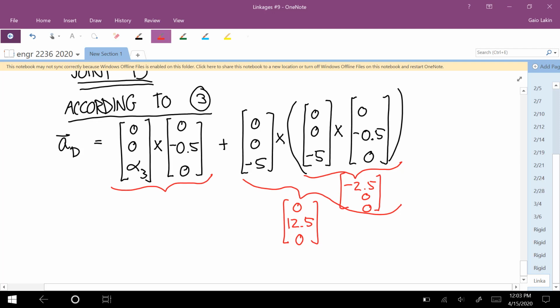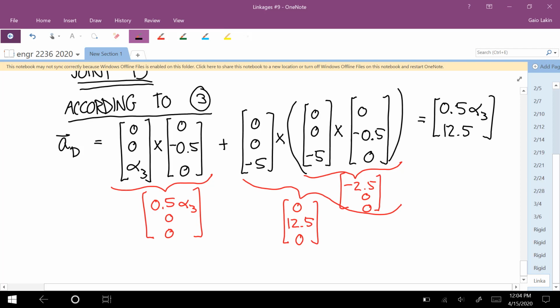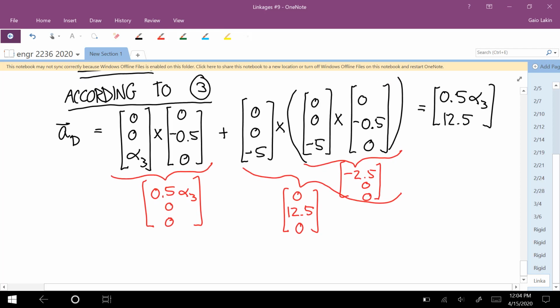Cross this one, and you get positive 0.5 alpha 3, 0, 0. So according to member 3, the acceleration of that point D is 0.5 alpha 3, 12.5. I'm just adding these together. I'll leave off the Z component. None of these are going to have any motion in Z. This is all planar motion.